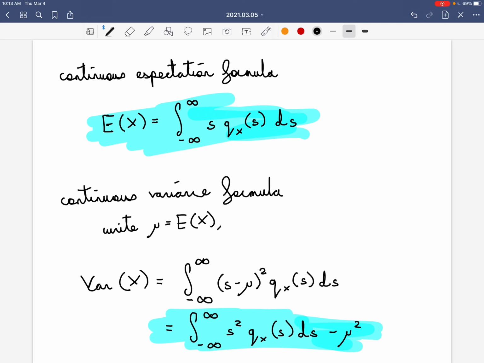But the formula highlighted in teal at the very bottom of the page is the one you want to memorize as the continuous random variable variance formula. You integrate from minus infinity to infinity s squared times the qx of s ds, where qx is the density, and then you subtract the square of the expectation.